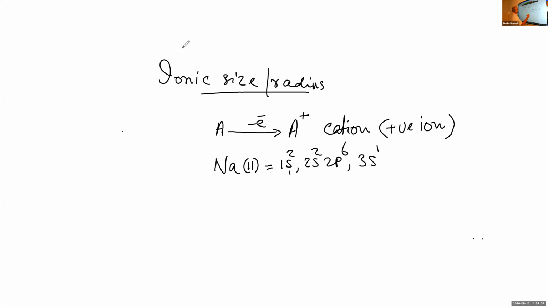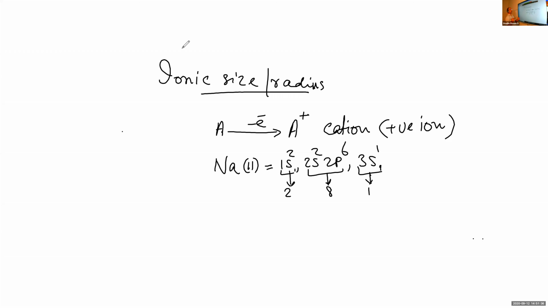In the K shell, there are 2 electrons. In the L shell, there are 8 electrons. And in the M shell, there is only 1 electron. 2, 8, 1.